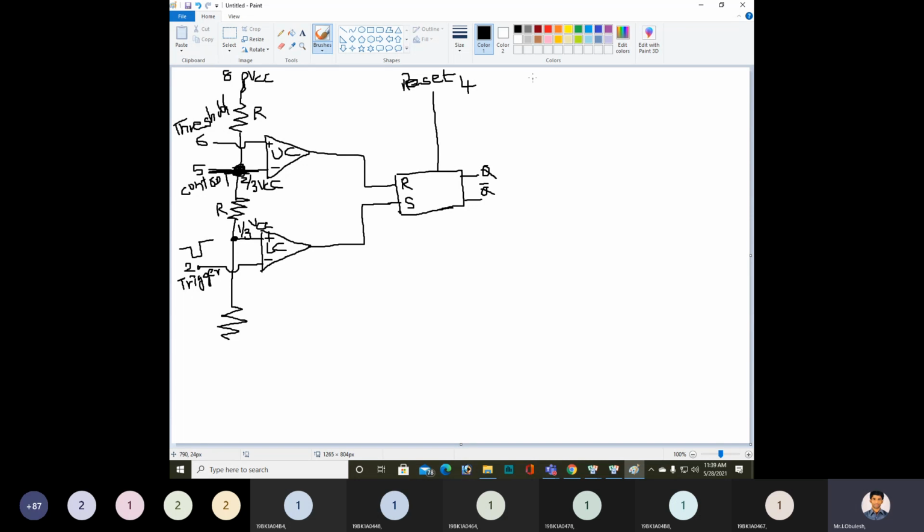Okay, here you need to take V reference. This is the transistor Q2. Here you need to connect to ground. This is the resistor R. Here you need to take a discharge pin.